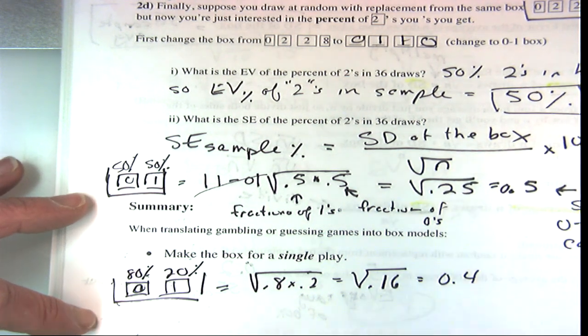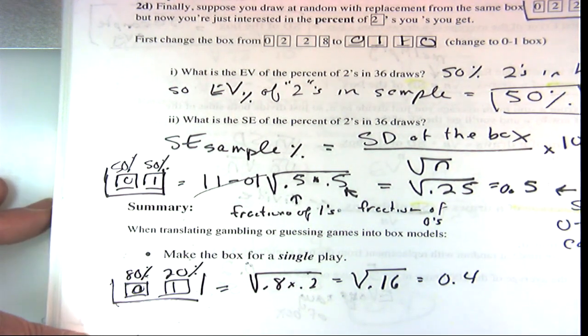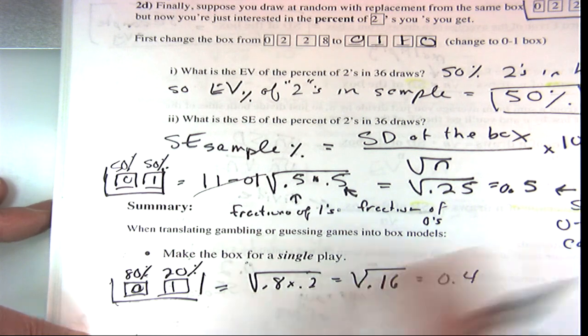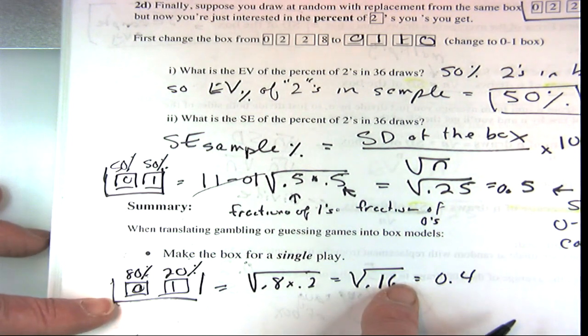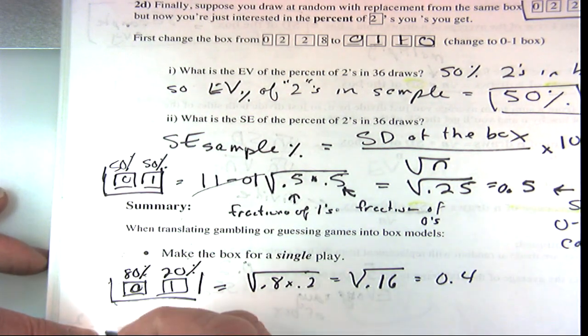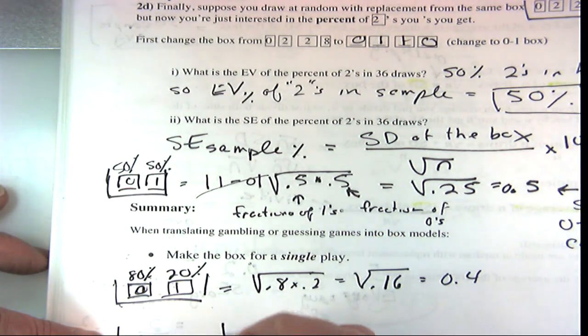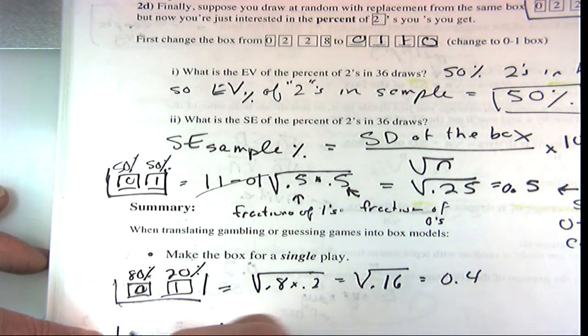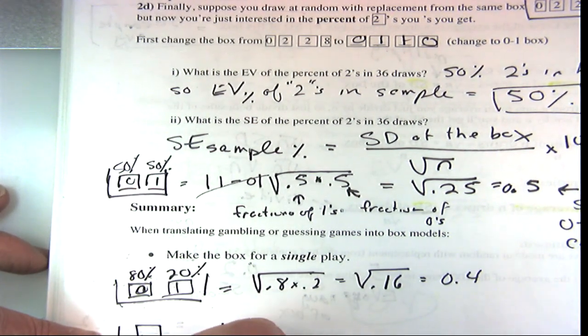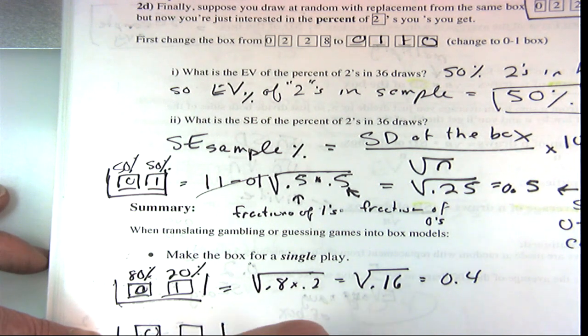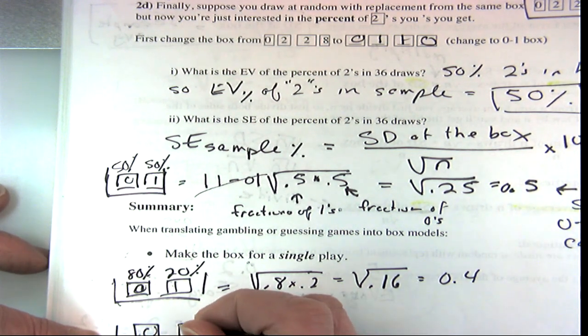And what do you think the smallest the standard deviation of a 0, 1 box can be? It's going to keep going down, right? Until you have all 1s or 0s. It doesn't matter which way you do it. You could say all 1s or all 0s.